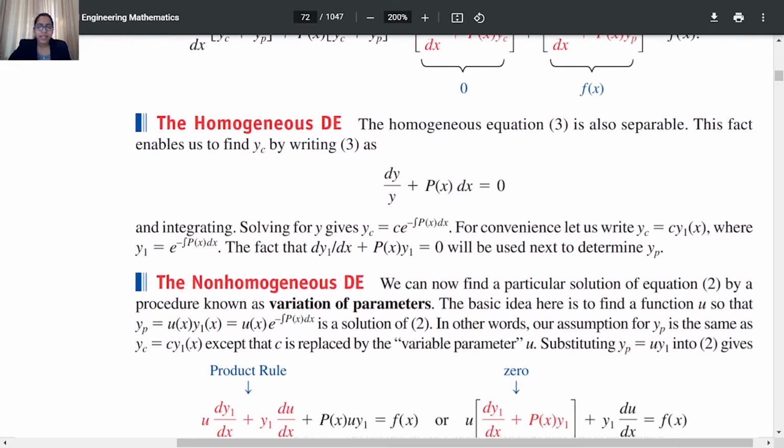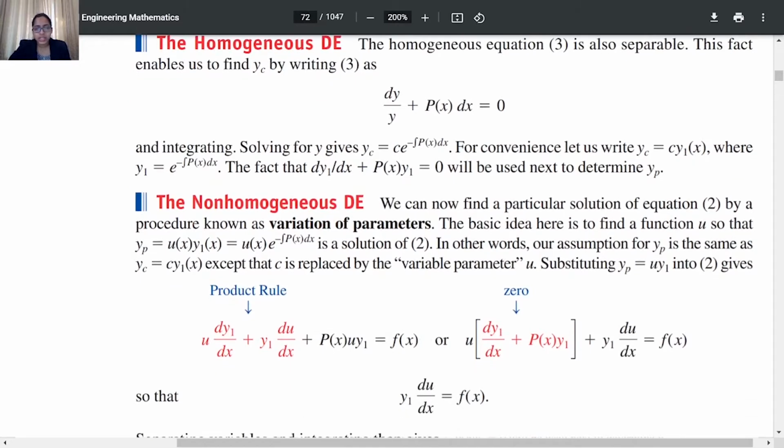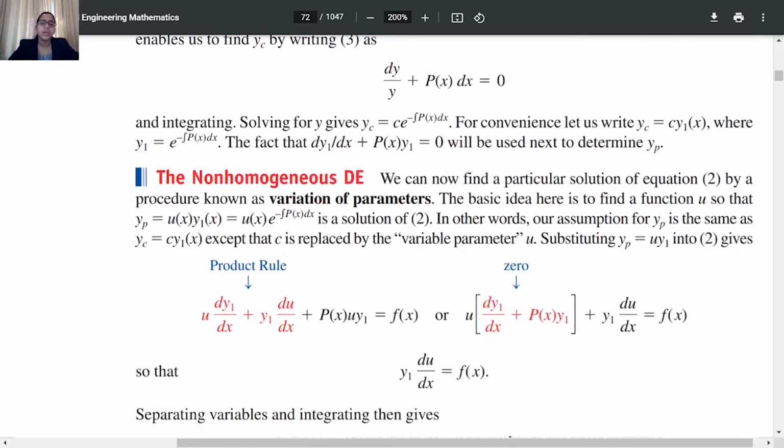Okay, so the derivation is given. I'm not moving on to it. I'll just move on to the method of how to solve the differential equation. This is simple; you can just go through the derivation. So here, if I put e raised to minus integral p of x dx to be y1, then yc is nothing but c into y1.